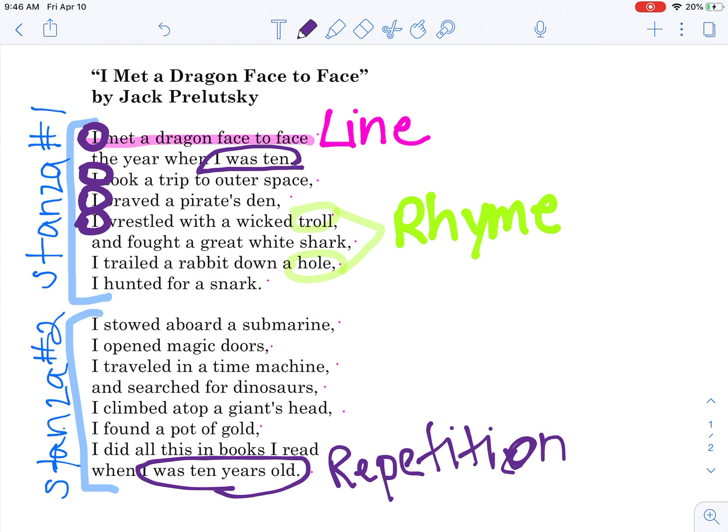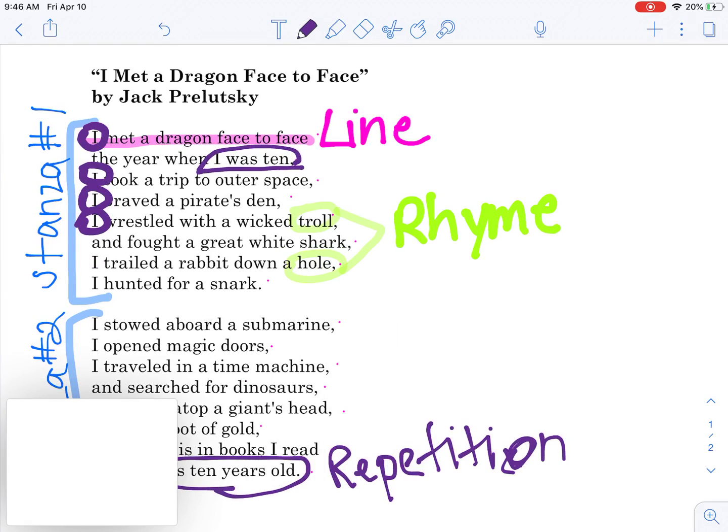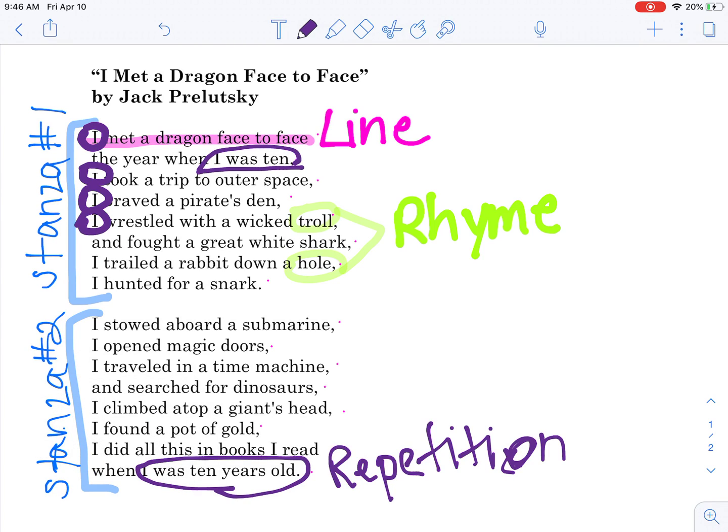And then after that, make sure you take a screenshot of what you have completed. And then you will be inserting that picture into your Google Doc for that second part of your Tuesday assignment. And then the last thing you're going to be doing is looking at one more poem, and you're going to be labeling it like this on your own. Okay? All right.